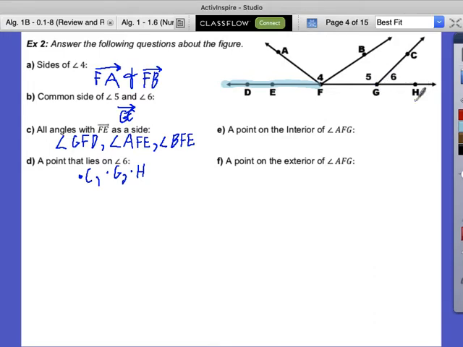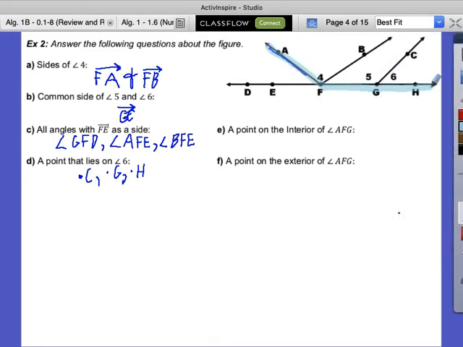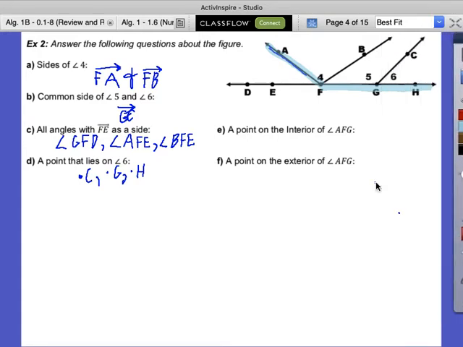Letter E, a point on the interior of angle AFG. What does interior mean? Inside. So we're looking at this angle, AFG. There's multiple answers you can have for this one, but we need a point on the interior.